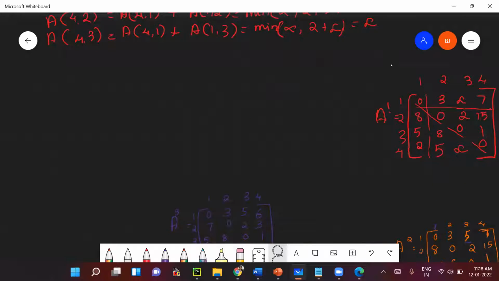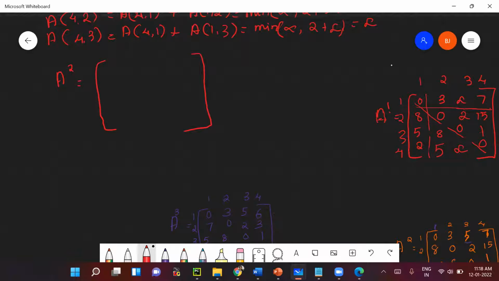So now from A1 we are going to construct A2, right? In A2, what we are considering? In A2, we will be making 2 as an intermediate vertex. So what we will do is we will copy the second column and second row as such. Got it?